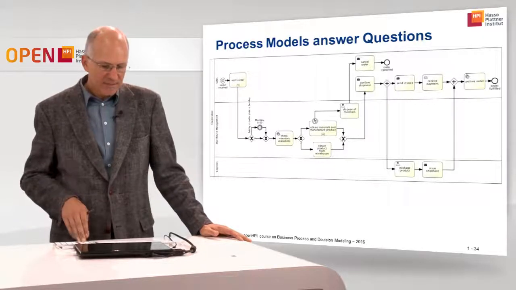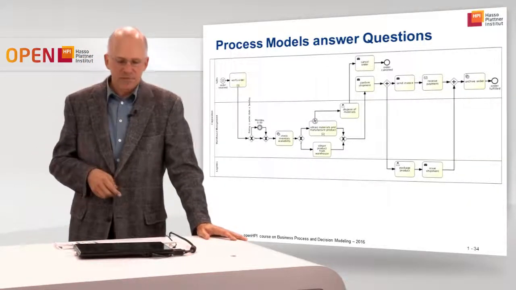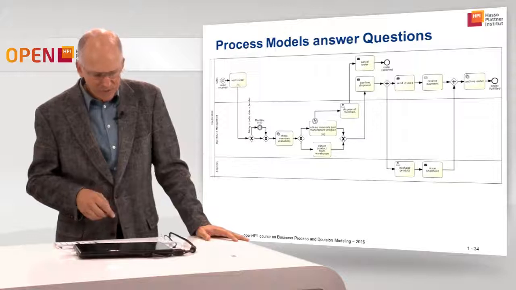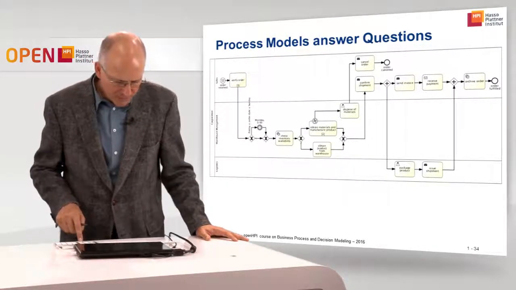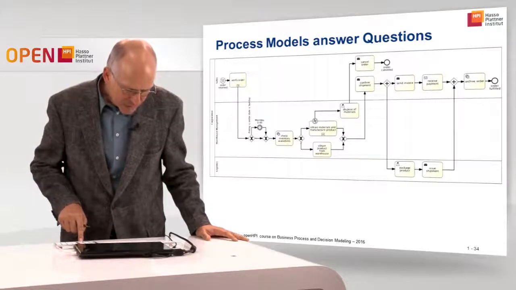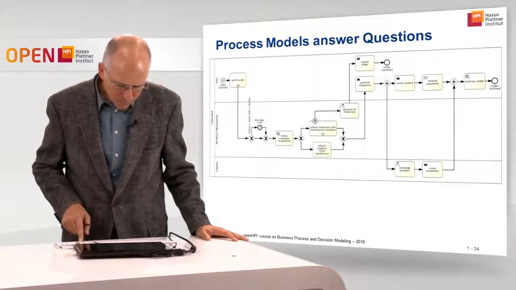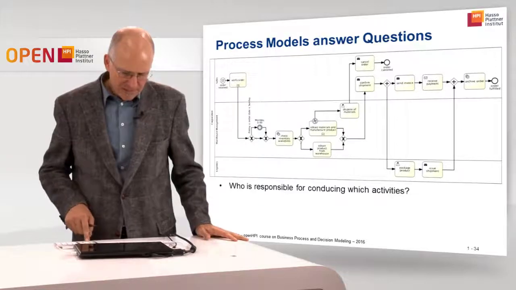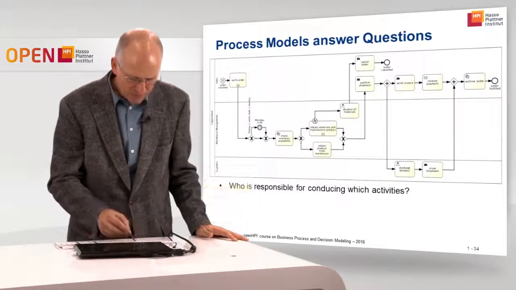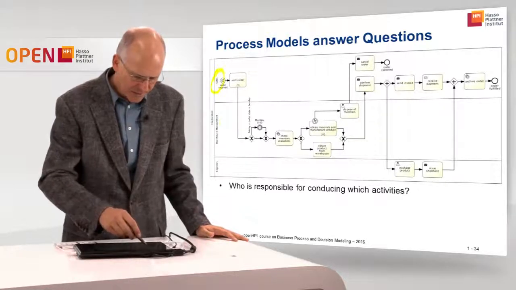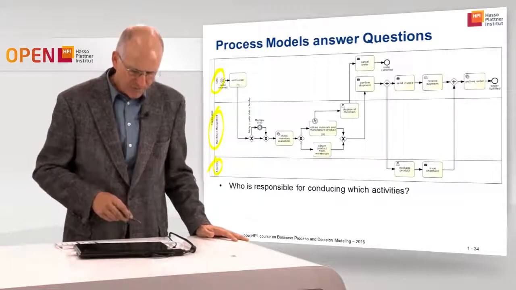We can ask and answer even more complex questions, but then the process model needs to be a bit more complex. Here, it's a process about order fulfillment. And here I have three roles in one organization. We come to the details a bit later. Here there are sales, warehouse management, and logistics.